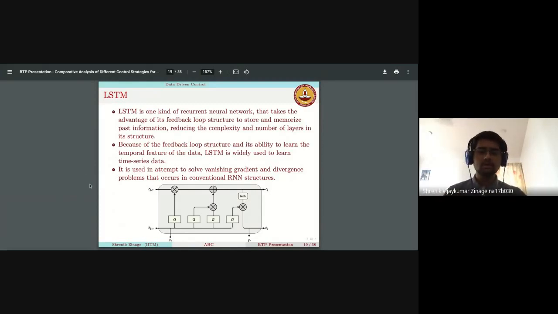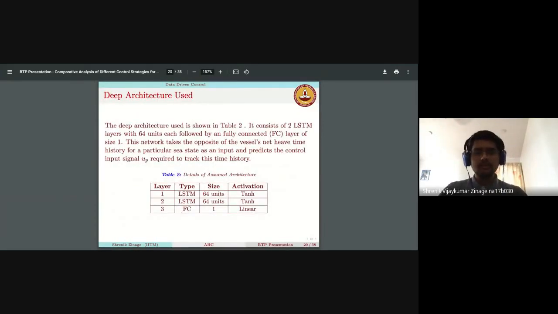I will not go into the mathematical formulation of how it learns the memory. The architecture I used mainly comprised 3 layers: the first 2 being LSTM layers of 64 units with tanh activation, followed by a dense layer of 1 unit with linear activation.